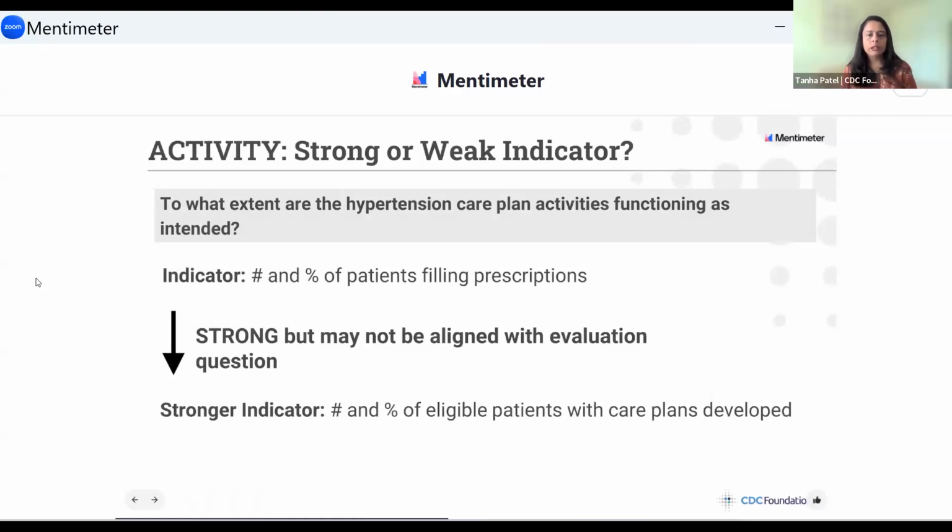A more relevant indicator may be number and percentage of eligible patients with care plans developed. Because the purpose of the initiative and the question is to learn more about whether or not the hypertension care plans were implemented as designed. And prescription may be part of the care plan, but it's not the care plan itself.